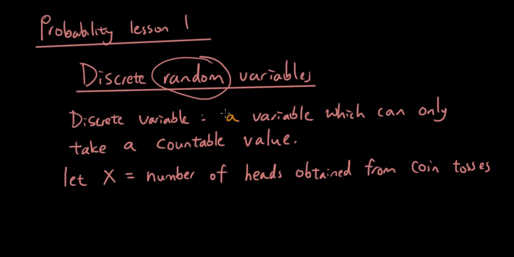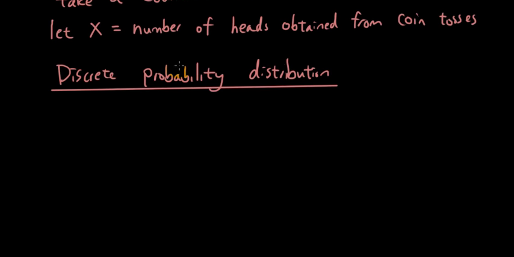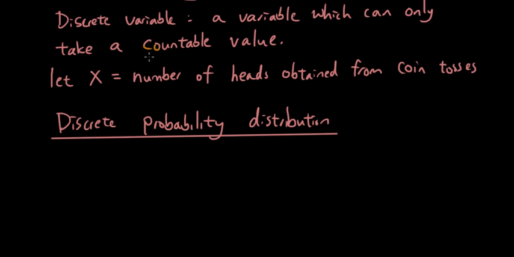So let's talk about our next concept, which is called discrete probability distribution. So let's firstly talk about what a probability distribution is, right? We've already discussed what discrete is. Discrete is basically when you can count the values.